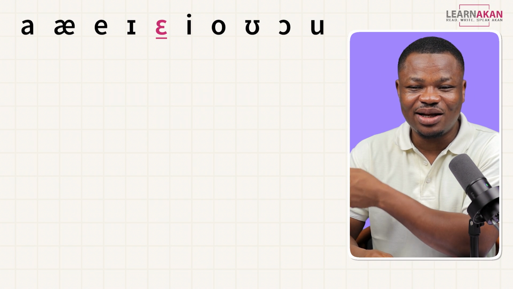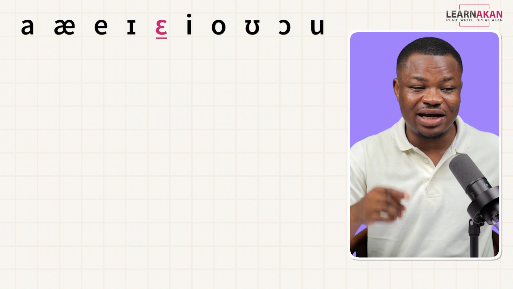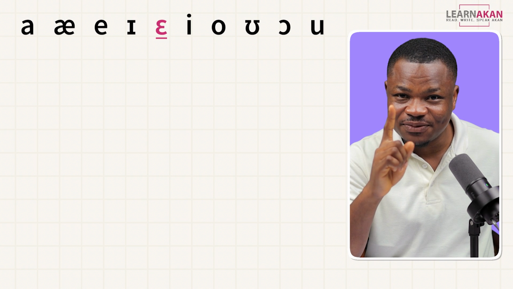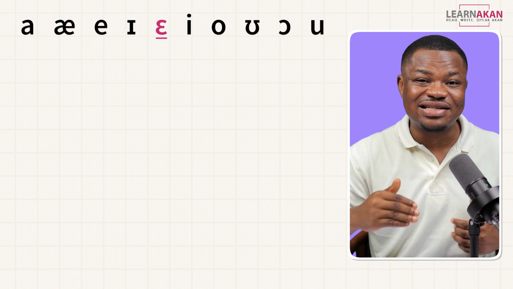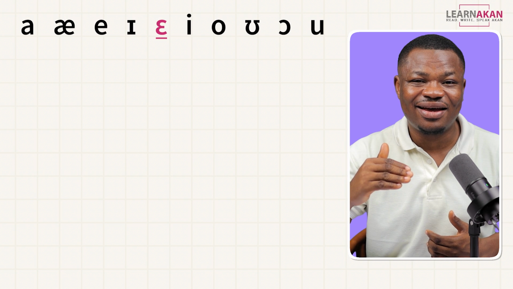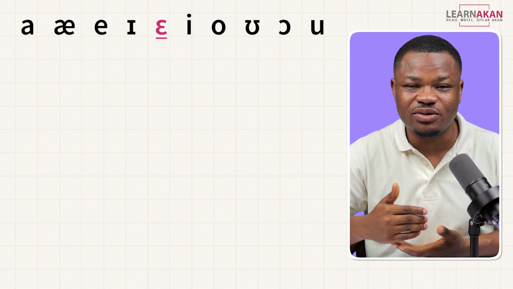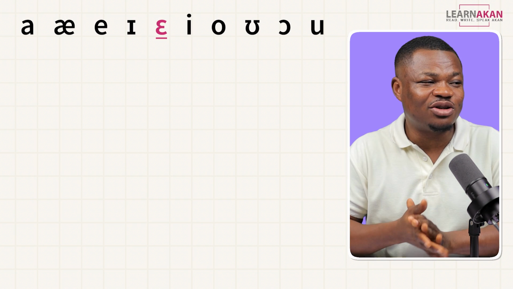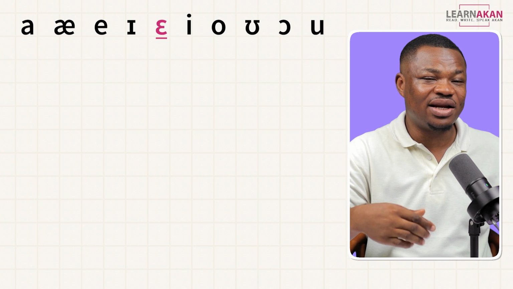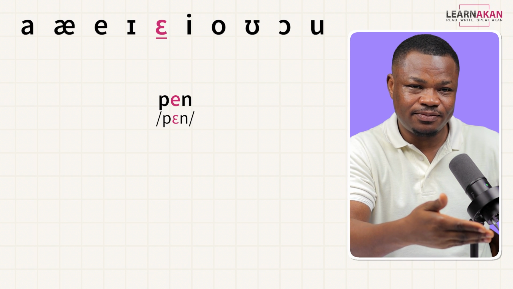So we have this one, and this is one of the vowels in Twi that comes with just a single sound. And for this one, the sound is e, a short e sound. And this is the same sound that you find in the middle of the word pen in English.